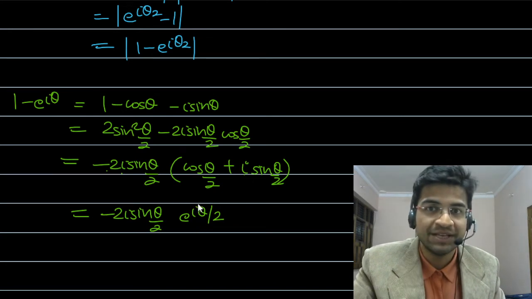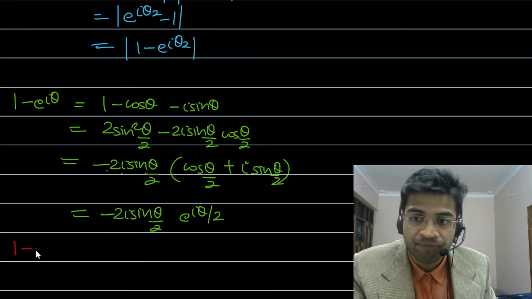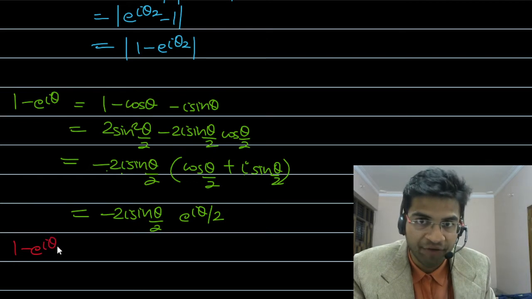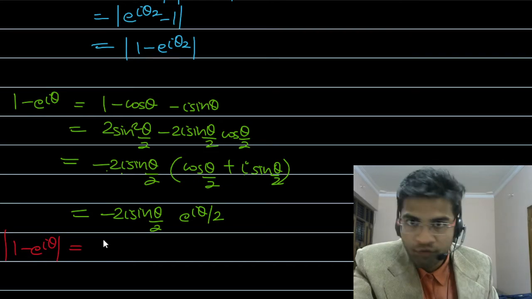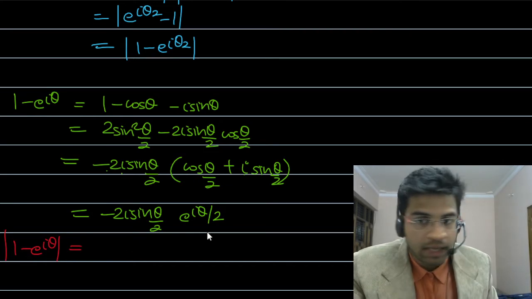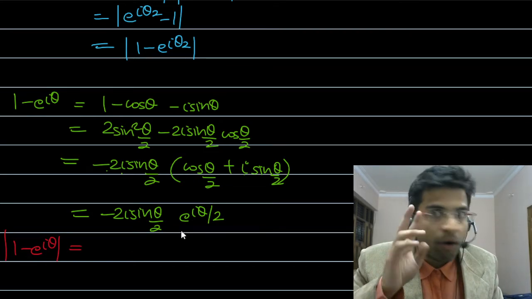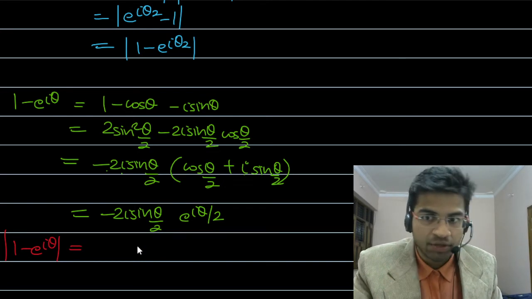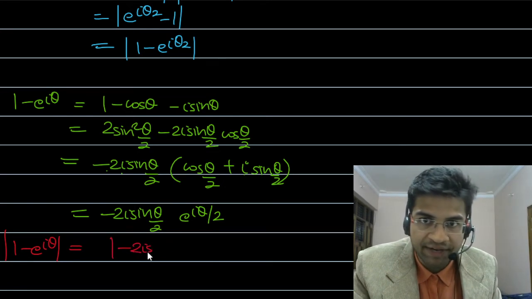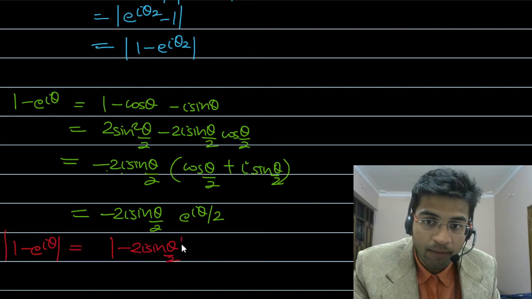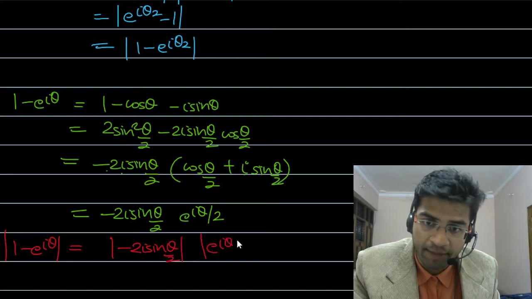So what will be the expression for mod of 1 minus e to the power iota theta? It will be equal to, taking mod over the above term, two mods multiplied with each other: mod of minus 2 iota sin theta by 2 into mod of e to the power iota theta by 2.